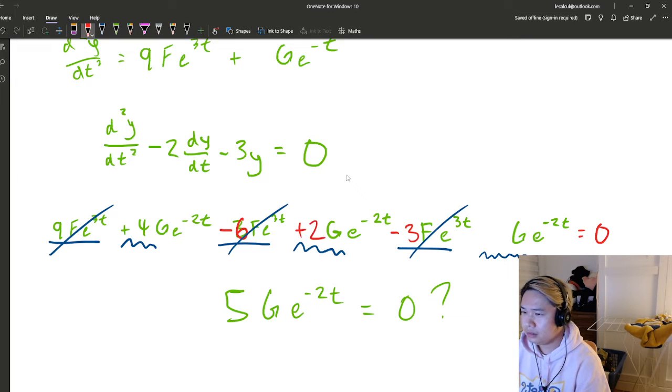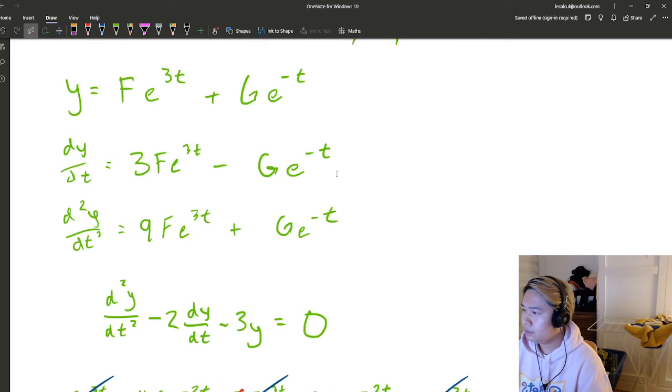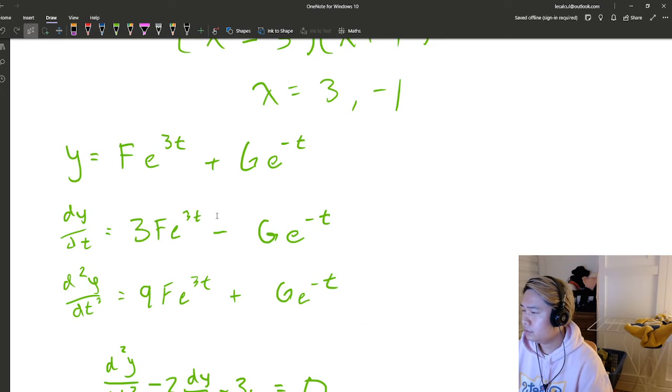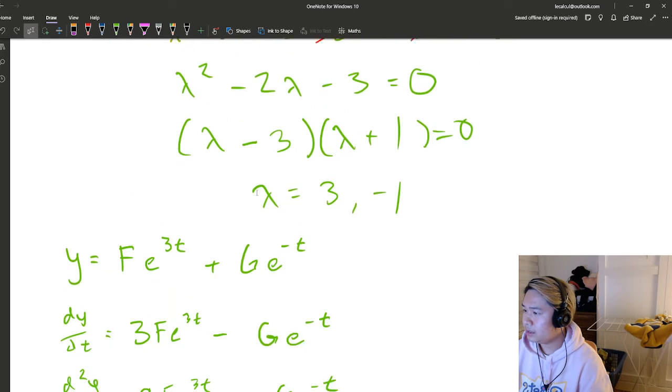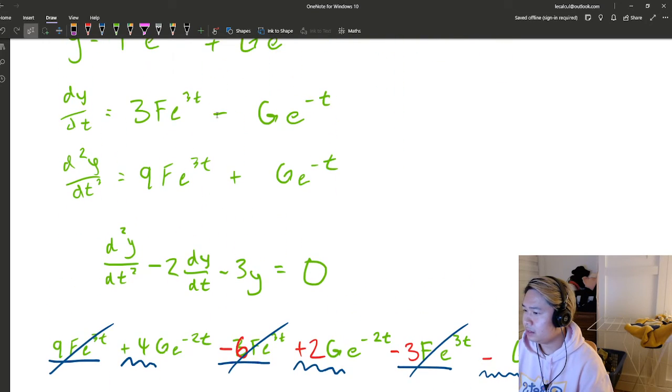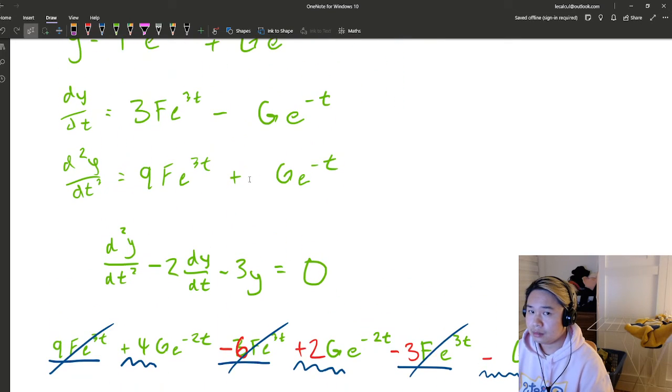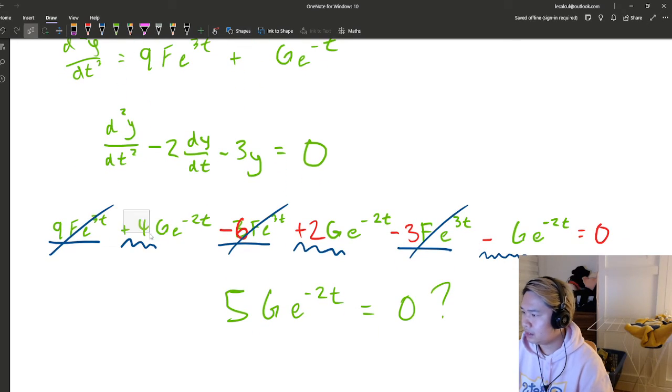So plus 2, and then this one is times -2, so plus 2, and then derivative again, so it goes back to plus, and then this one is also different.